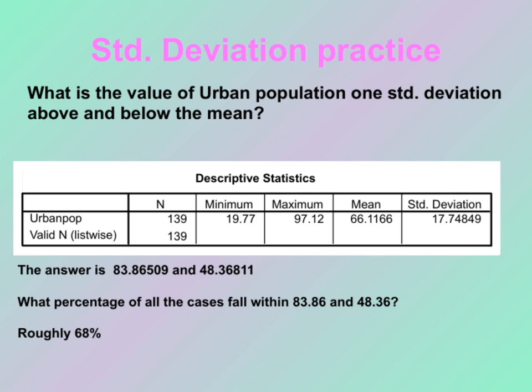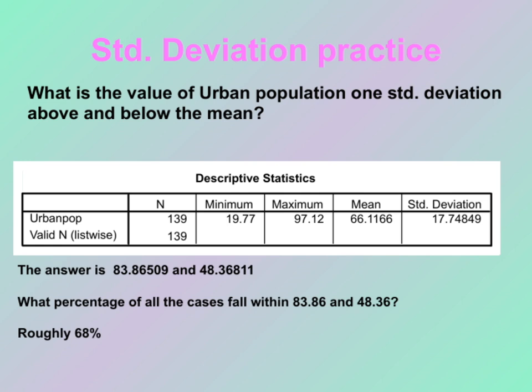Now, moving on to the next part, what is the value of the urban population one standard deviation above and below the mean? This is critical because understanding the spread or variability in our data helps us grasp how much the urban population fluctuates around the average. This segment is a practical application of standard deviation, which, as you know, measures the dispersion of data points.